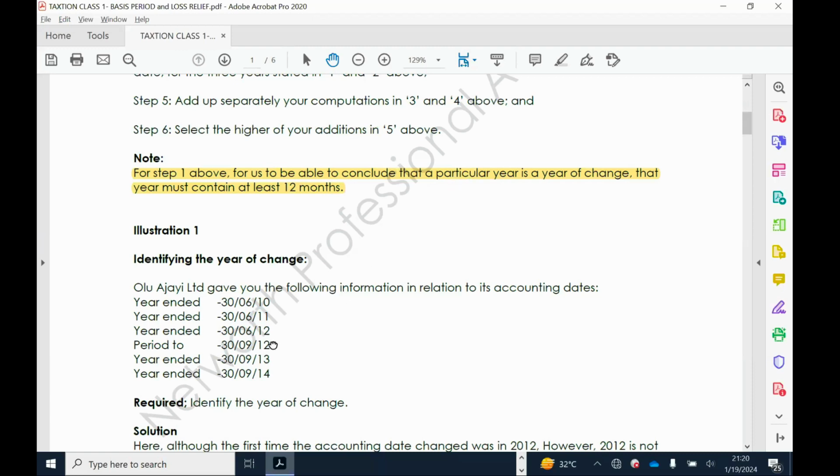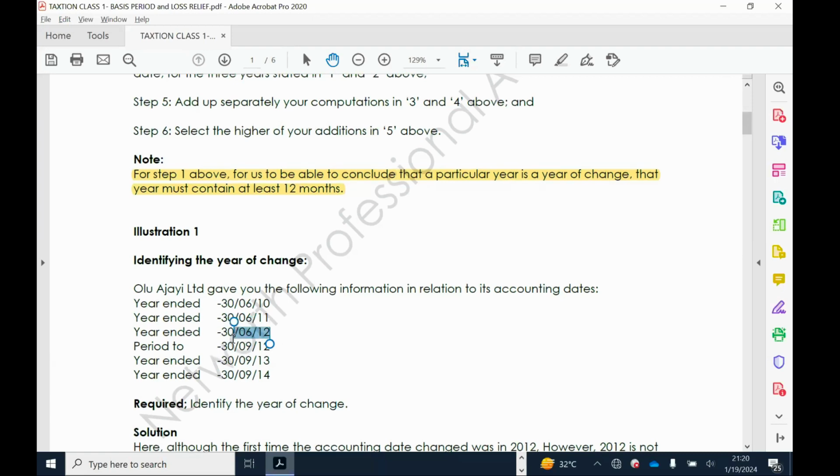This is just 3 months. So what the law is saying is that for tax purpose, this cannot be our year of change. The following year, between this year and this year, is how many months? 15 months. So that one has at least 12 months. So that will be our year of change.